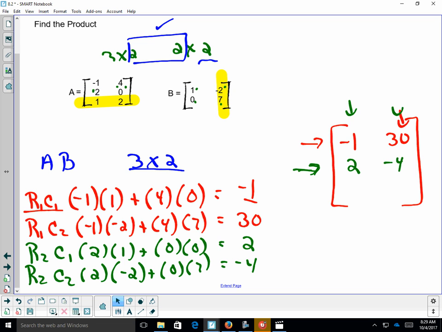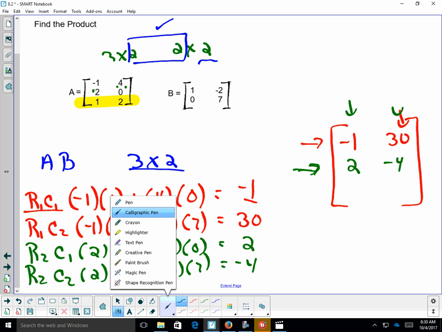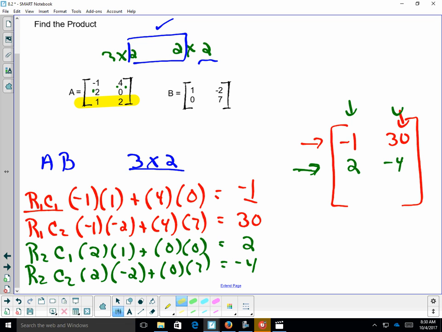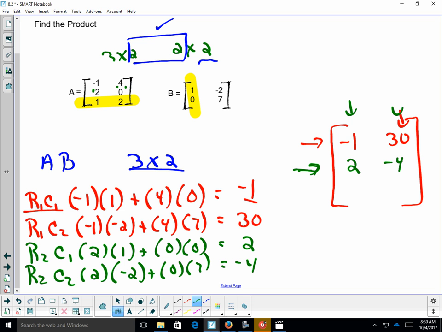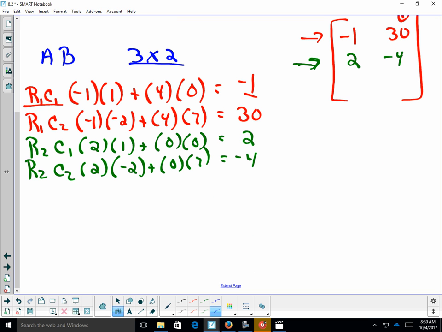So I'm multiplying row 3, and I'm going to multiply it by column 1. I like the highlighter. So I'm doing the highlighting, and now row 3 times column 1.